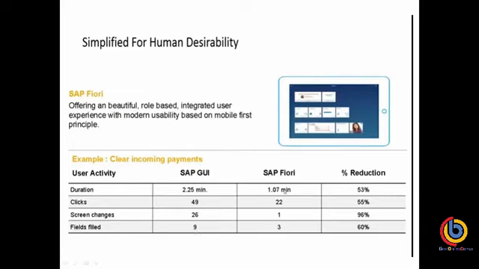But in SAP Fiori, it is reduced by 50%. The clicks are reduced by 50%, and screen changes are reduced far more. Fewer fields are filled, and because of fewer fields we have minimized errors, and we can see the reduction here in terms of percentage.